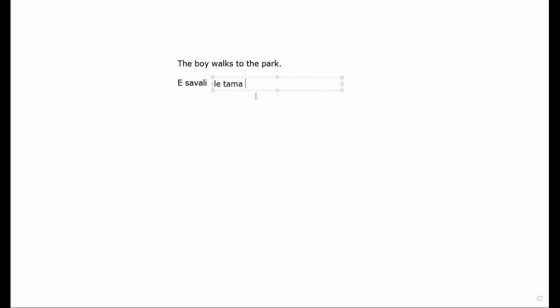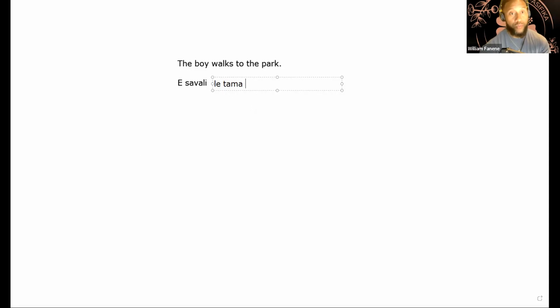The park, exactly. And this is our new part, I'll just put this in caps, the park. So this is the new part right here. And to the park, this introduces our location. This is our whole new phrase that we're going to be learning today. Oh, not all of that, just to the park.